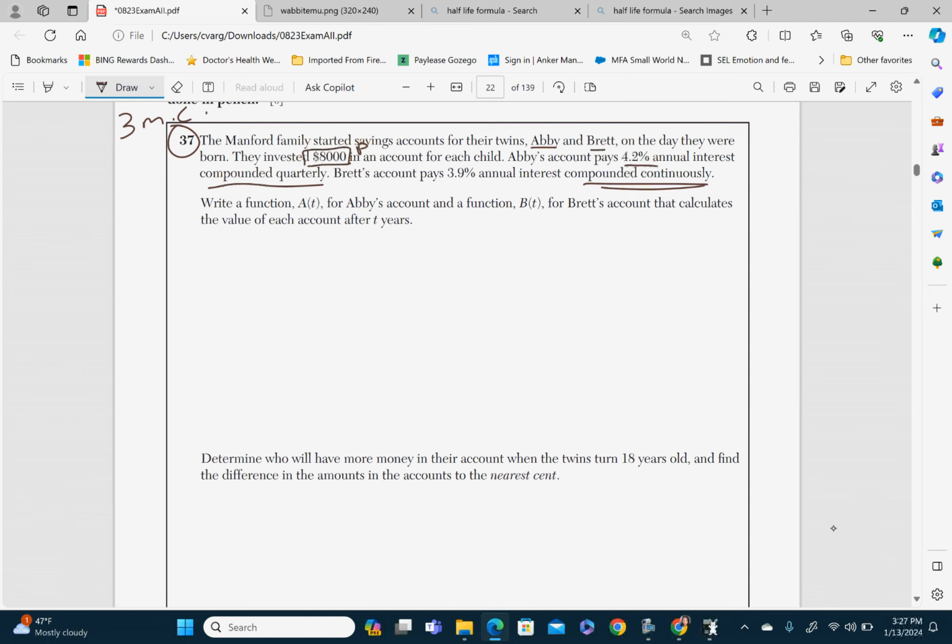So let's remember our formulas. For continuously, it's A equals Pe^(rt). This is compounded continuously. This is our finance lesson. Okay. For compounding any other way, our formula is A equals P, parentheses, 1 plus r over n, to the nt power, okay?